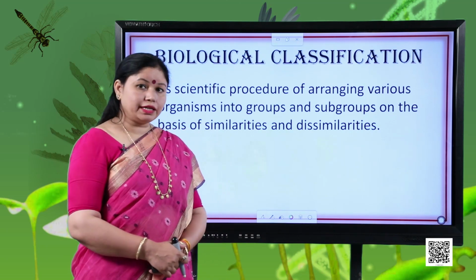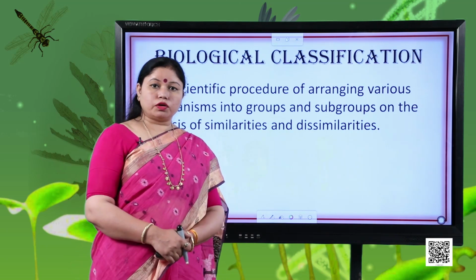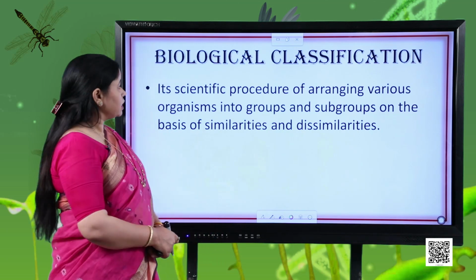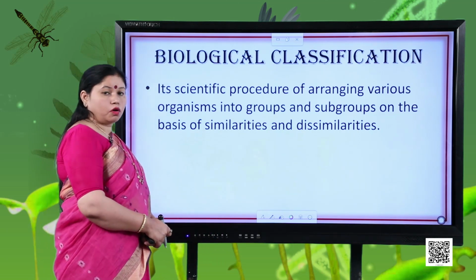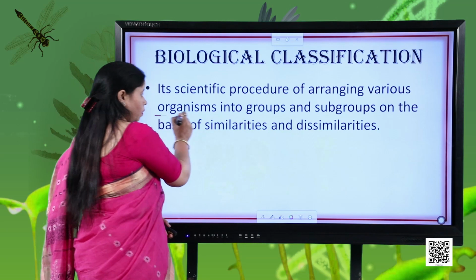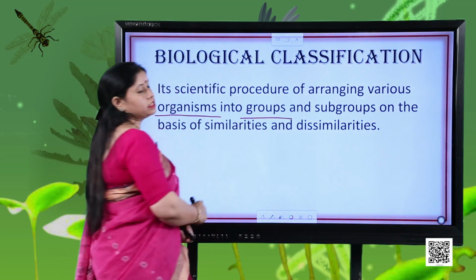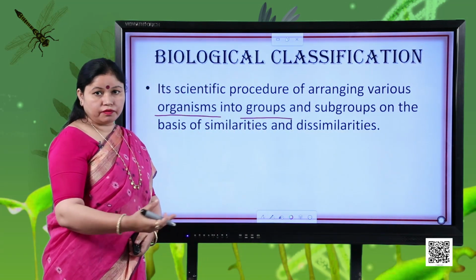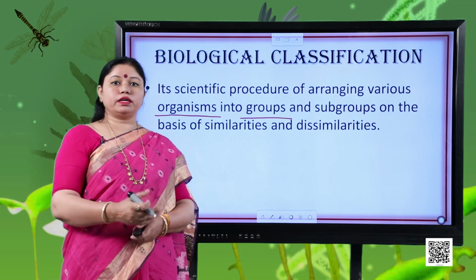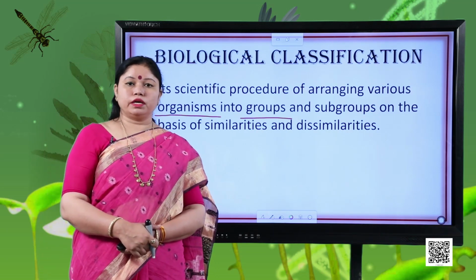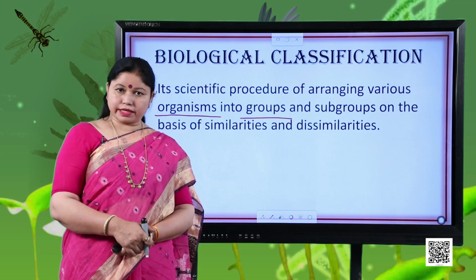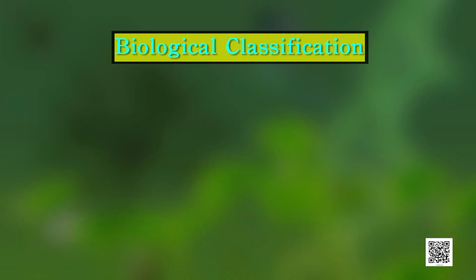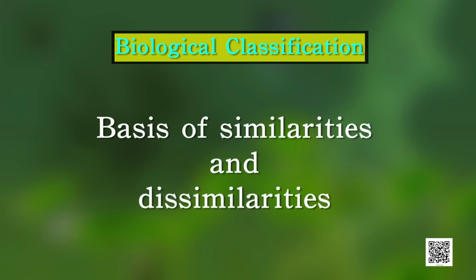So, categorization, or the biological classification, is a scientific procedure of arranging organisms into groups and subgroups. Similarly, with the example that I have explained to you, where you have arranged books into various racks, in biological classification, organisms are arranged on the basis of their similarities and dissimilarities.